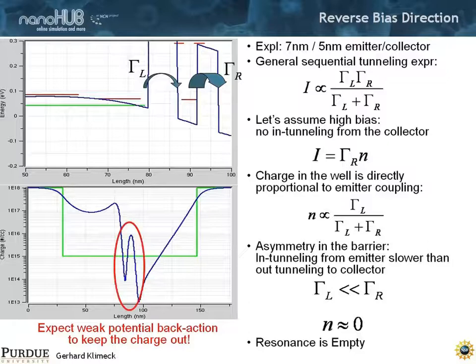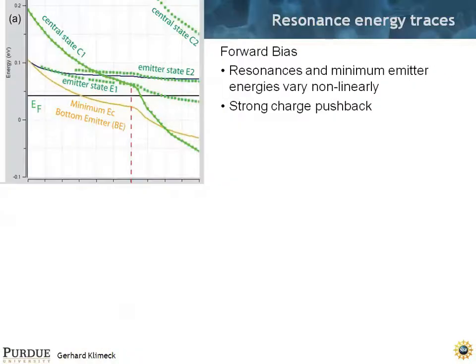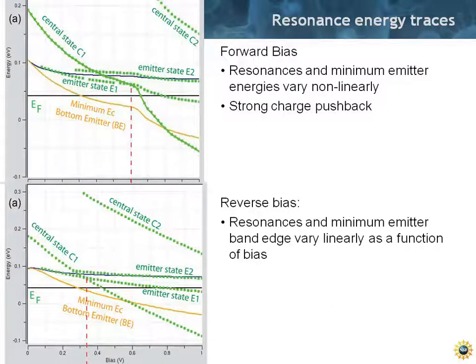So this case will not have any back action at all in terms of the central resonance being filled with charge. It will be virtually empty. That means our resonance, instead of floating up like a bobber on water, should just pull down linearly. And indeed it does.